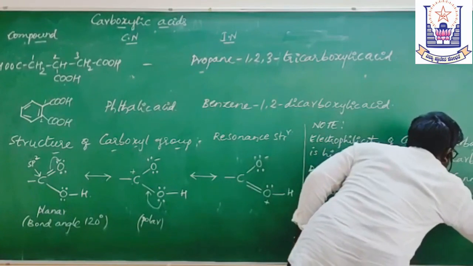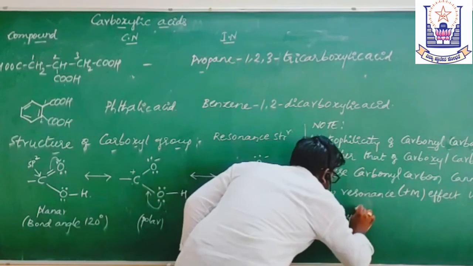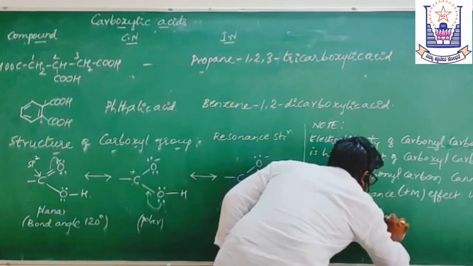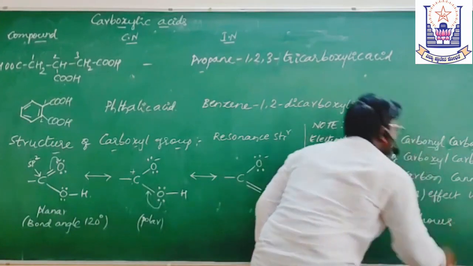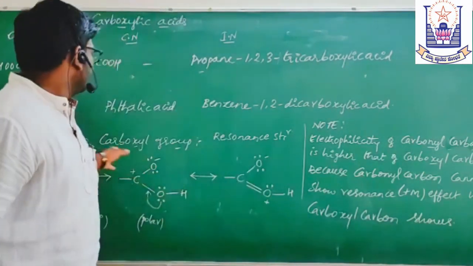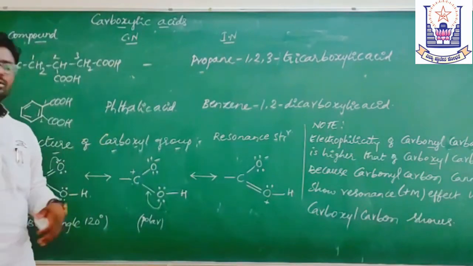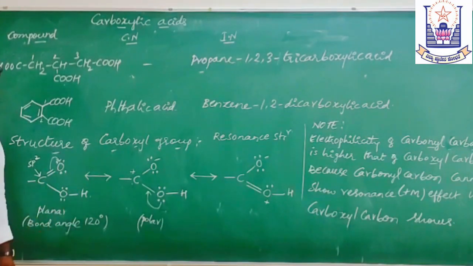While the carboxyl carbon shows the resonance or mesomeric effect. So this is all about the structure of the carboxyl group, where the carboxyl carbon is sp2 hybridized and its geometry is trigonal.